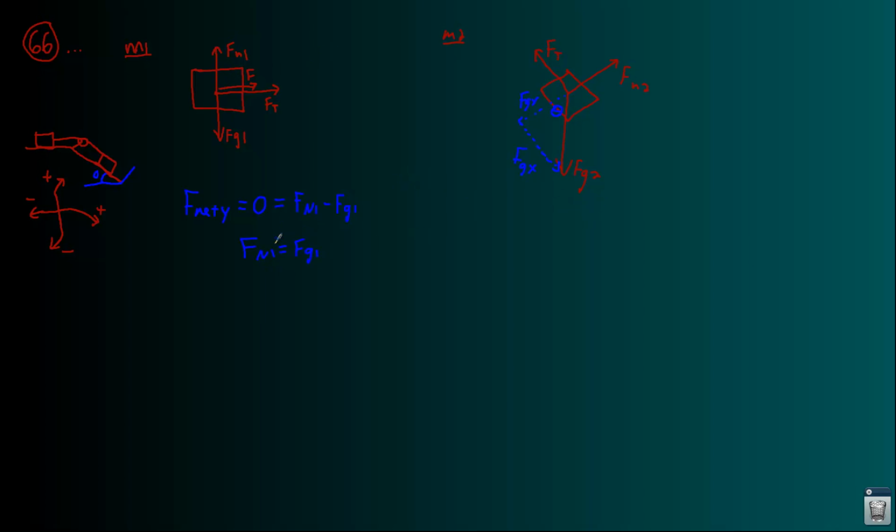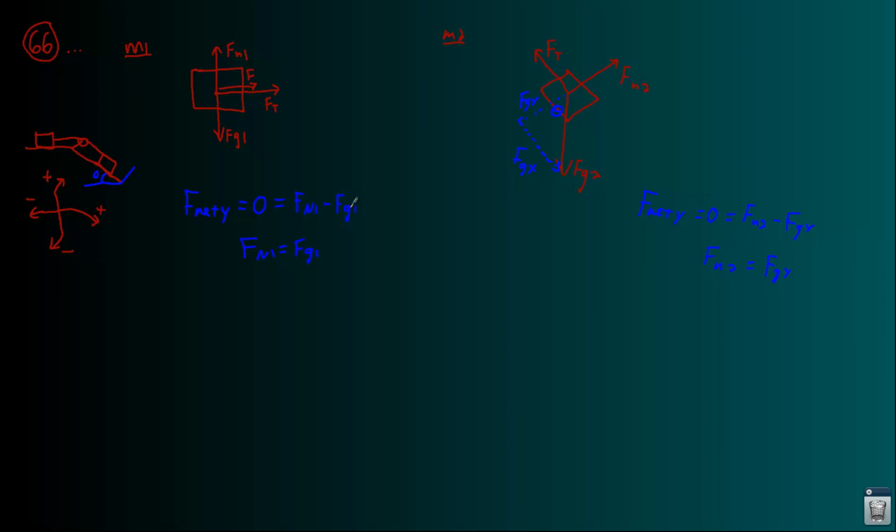So soon these will not be useless. F net y equals 0, which equals F normal 2 minus FGY. So Fn2 equals FGY. Again, we don't need this in this case.